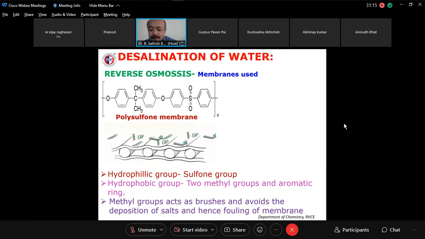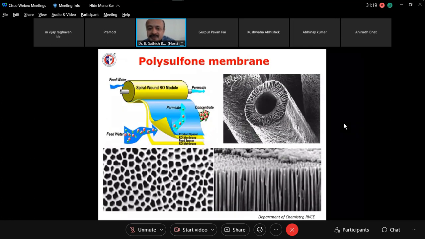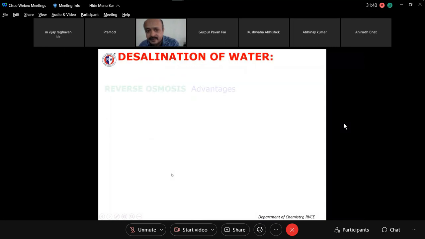Okay, and these are some cross-sectional and transverse sectional microscopic pictures of polysulfone membrane. Okay, so you can see holes here. So we will consider this in detail after some time. Okay.